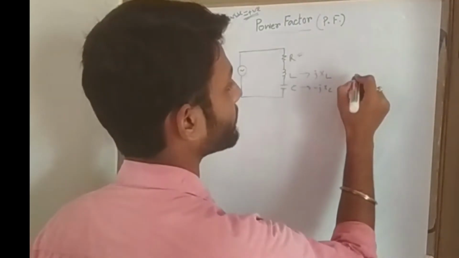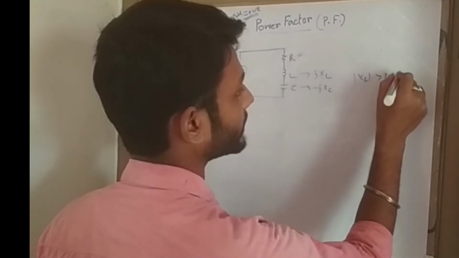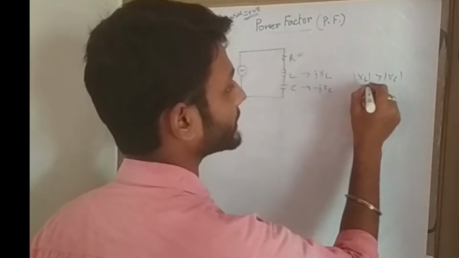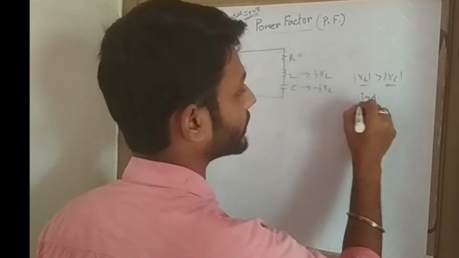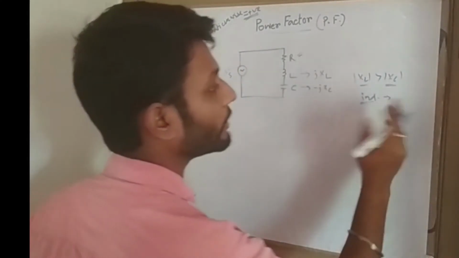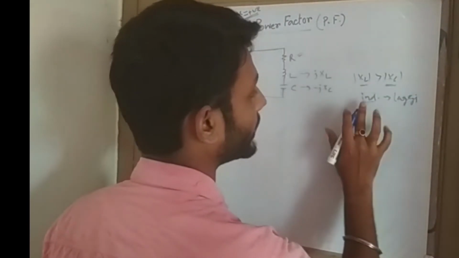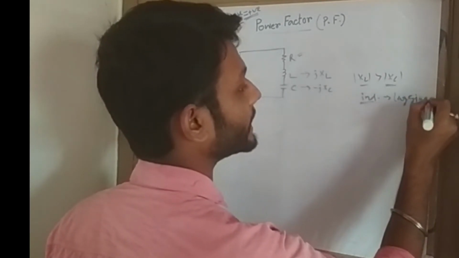And if we see mod XL value greater than mod XC value, then we come to the conclusion that as XL is greater than XC, the circuit is inductive in nature. Then whatever the power factor value comes, we will put the word lagging beside that, because for an inductive circuit the power factor is always lagging in nature.